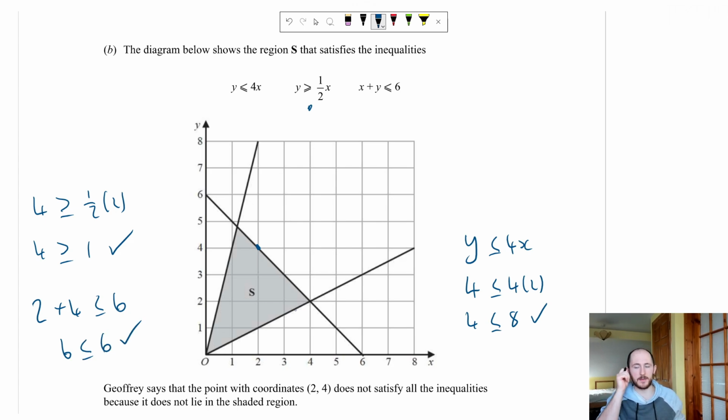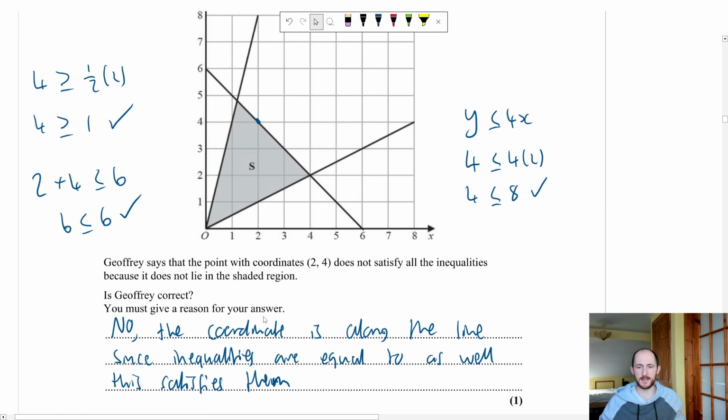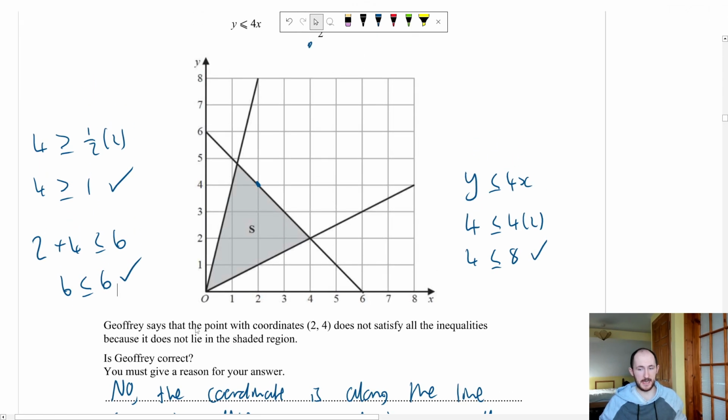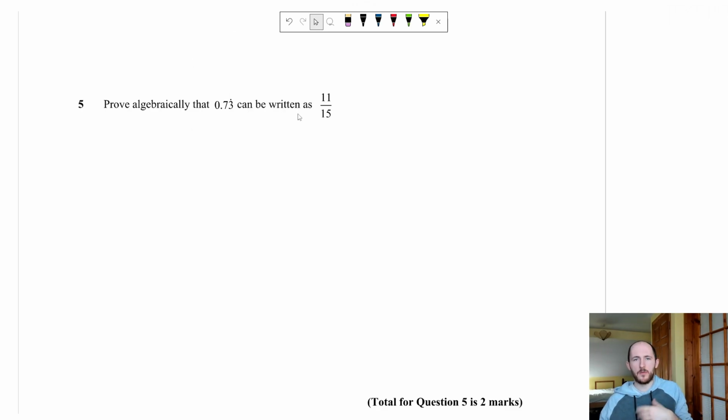So you can do it that way as well. Now, if it says show that it lies in the shaded region, I would do this. But I just wanted to make you aware that that is another answer that they can give you on the mark scheme. This is another topic that, while not particularly difficult once you know the method, is not answered the best, and that's why it's in this paper as well.